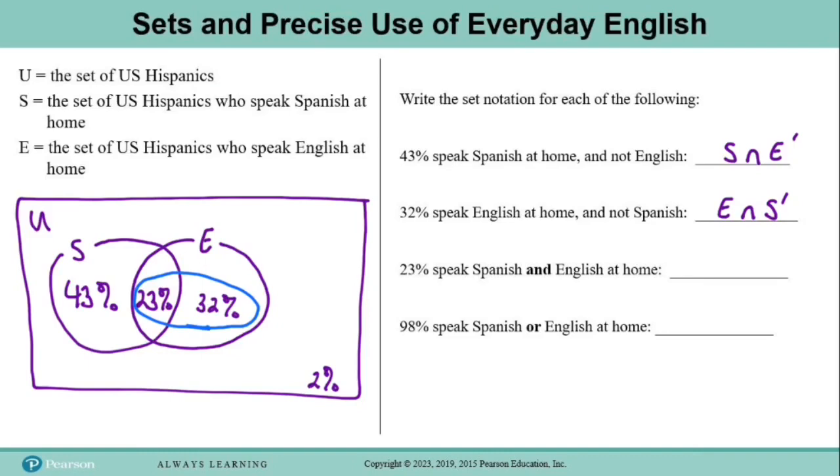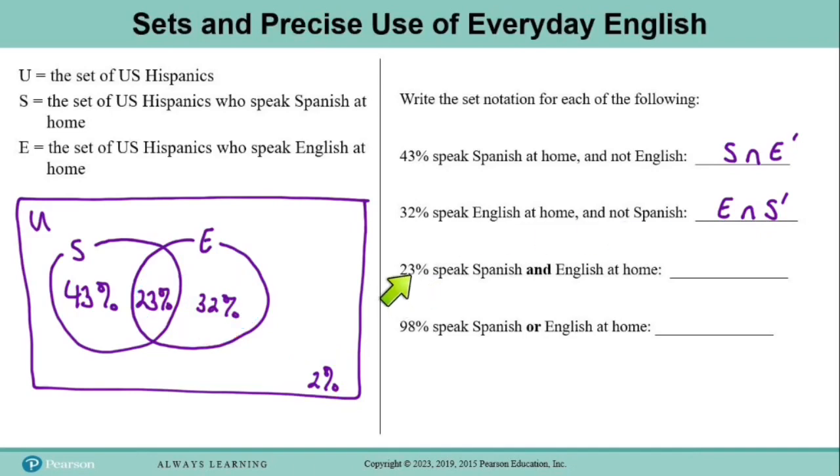Those who do not speak Spanish at home are everybody who is outside of the set S. So that's going to be the 32% here and the 2% here. So again, the only percent that is in both sets is the 32%, and so this is the correct set notation for this description.